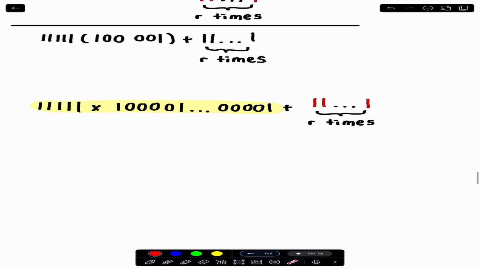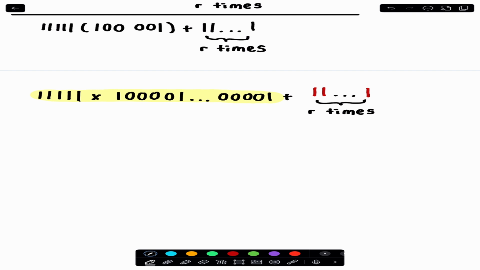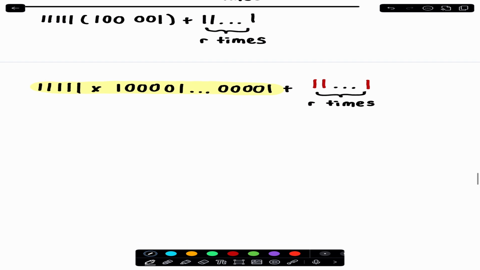As I said before, the motivation for pulling out this specific rep unit, 5 copies of 1, is because we already know that it is equal to 41 times 271.